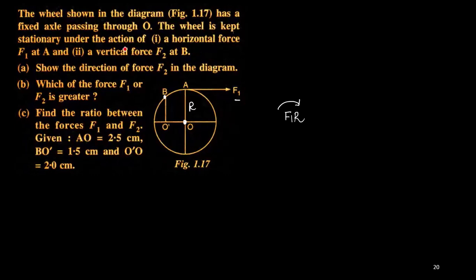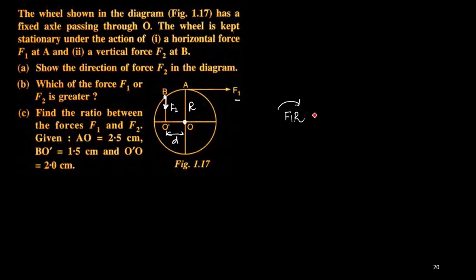In order to make the body be in equilibrium, there must be another force F2 that gives a moment about point O. So it should be a clockwise moment. If I apply a force in this direction, let us say I am applying a force F2 in this direction, then corresponding to F2, this is the turning distance D. Now F2 into D will be the anti-clockwise moment.